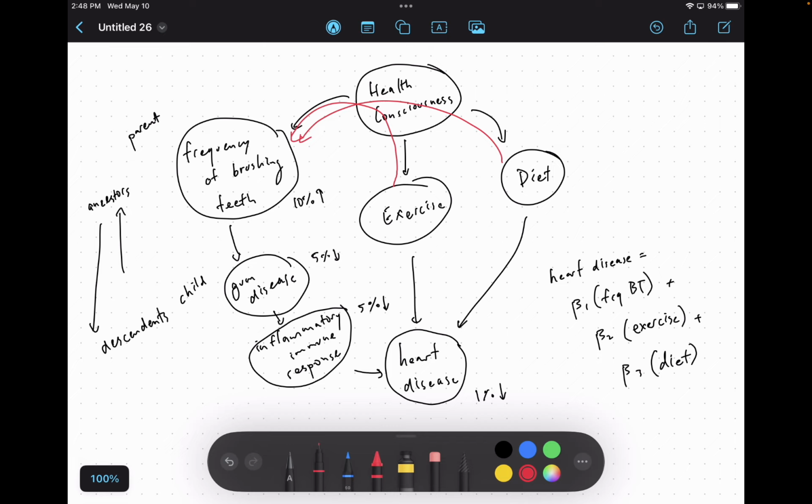These guys are essentially controlling for health consciousness in aggregate. Okay?